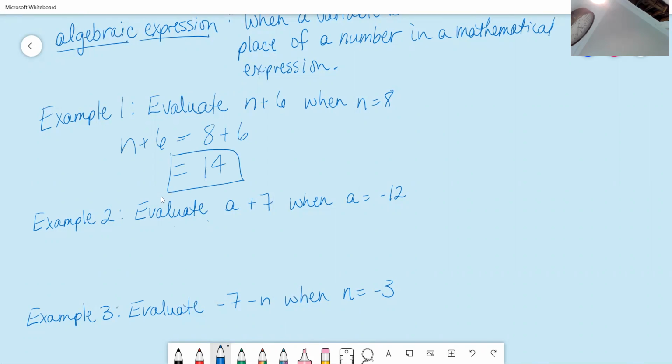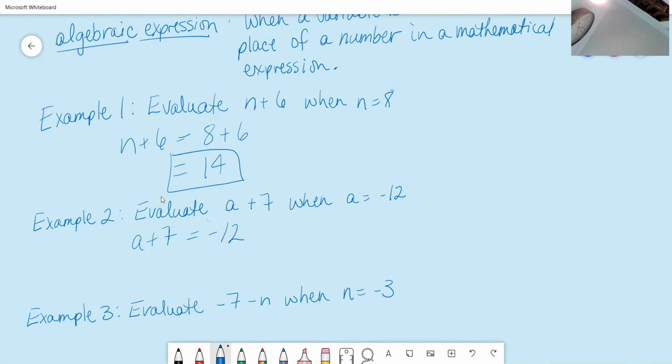All right, and example 2 says to evaluate a plus 7 when a equals negative 12. So this gives us an example of a best practice that you should always use when a variable's value is negative or when that variable is raised to a power.